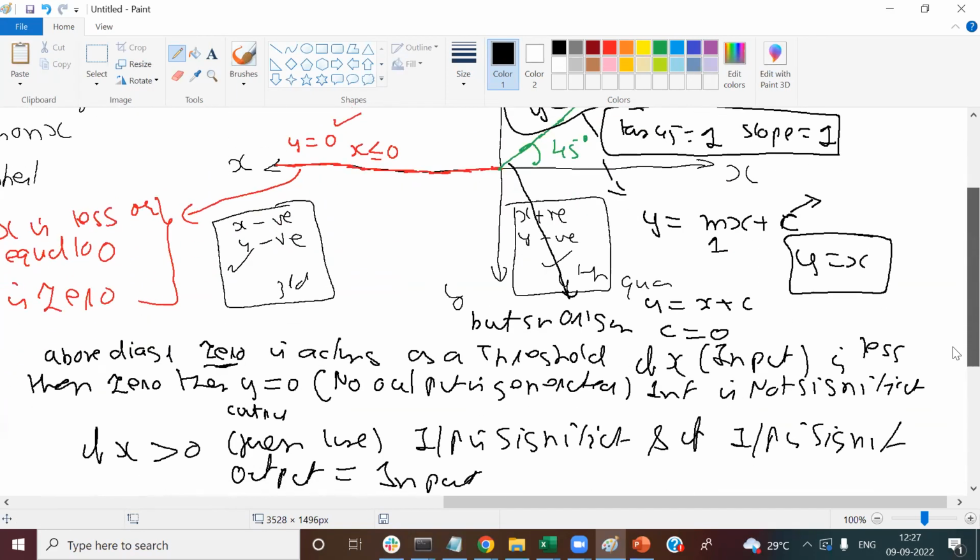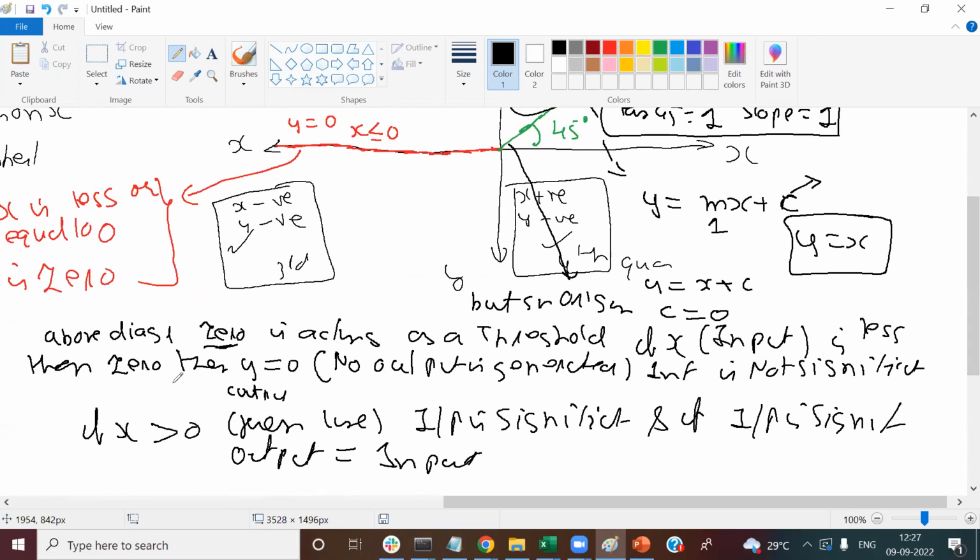Agar input significant hai, then value of output is equivalent to your input. Guys, is everyone clear with this thing?